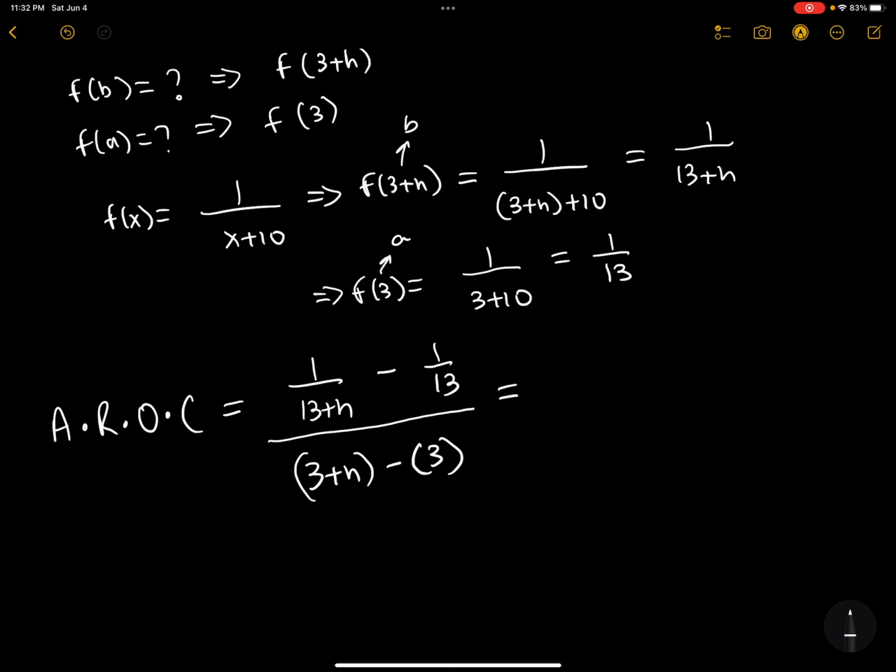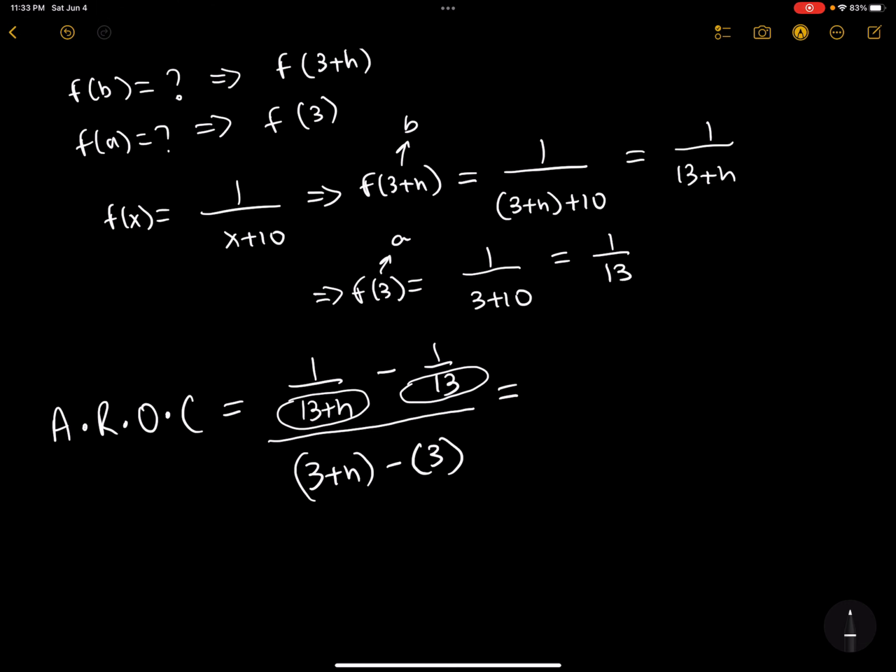Now, if I do that, I get something like this. Well, in the top, first, let's actually solve the top. You can clearly see that you cannot add them up because we have different denominators. So we have to make the denominators the same. To do that, we're going to artificially multiply each of the terms with the other's denominator. Now, what do I mean by that? Let's go ahead and see.